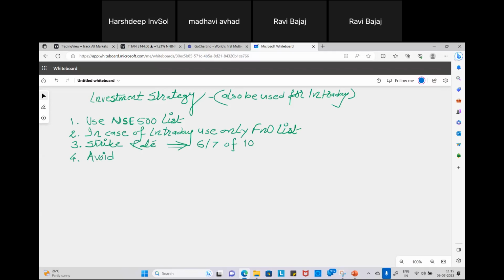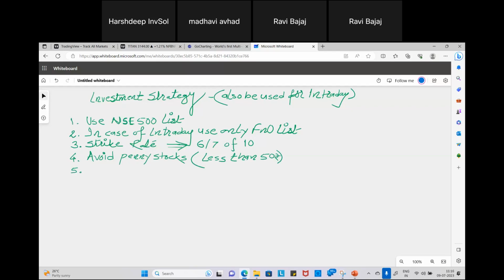Avoid penny stocks. Okay, less than 50 rupees. I call them penny stocks.